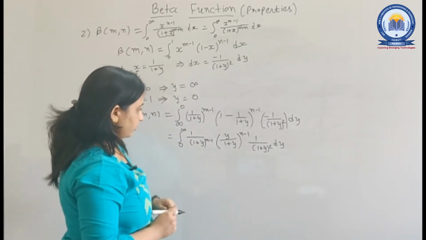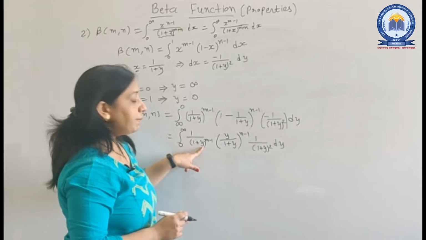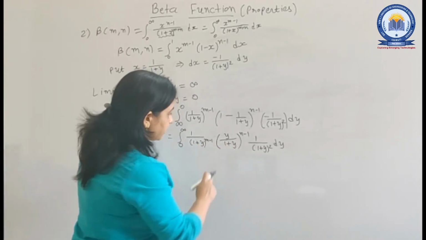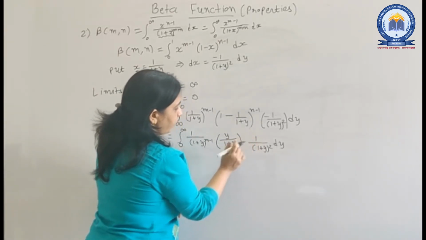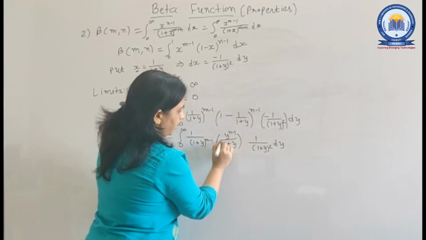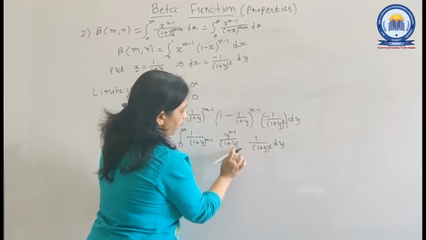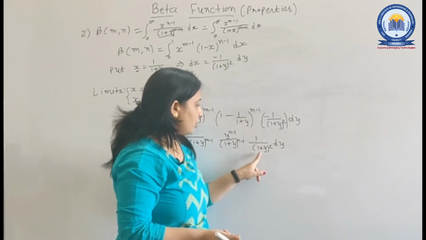Now you can see that in the denominator we have 1 plus y raised to something, again 1 plus y. This can be separated. So we can write y raised to n minus 1, and this 1 plus y also raised to n minus 1, and again the third one, 1 upon 1 plus y.